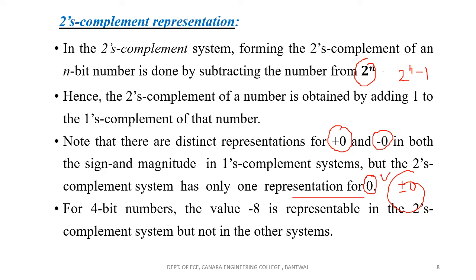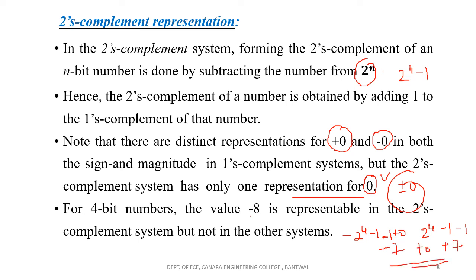For 4-bit numbers, the value of minus 8 can be represented in the 2's complement system, but not in the other systems. In the other systems, the range of numbers that can be represented using a 4-bit number is minus (2 power 4 minus 1) to plus (2 power 4 minus 1), that is minus 7 to plus 7.